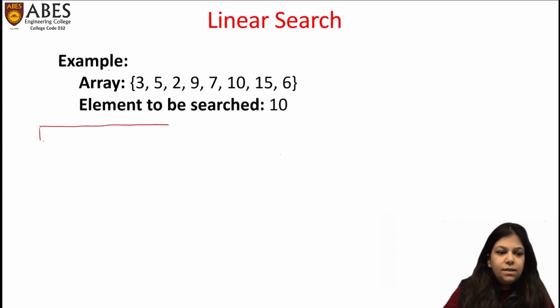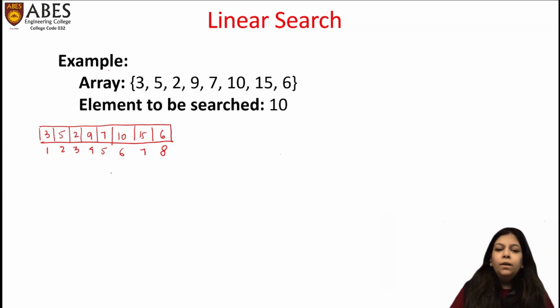This array has 8 elements: 3, 5, 2, 9, 7, 10, 15, and 6. Let us suppose the index of the array begins with 1, so the indexing will go from 1 till 8.